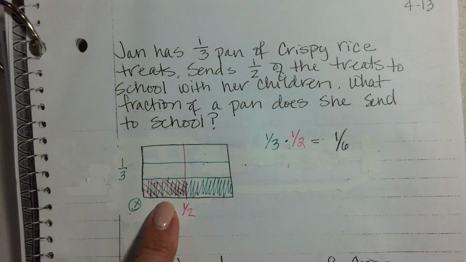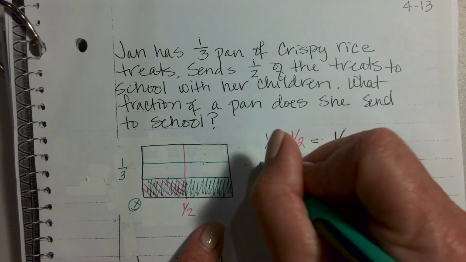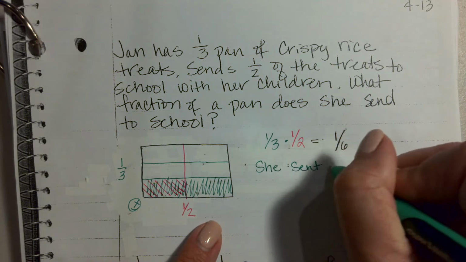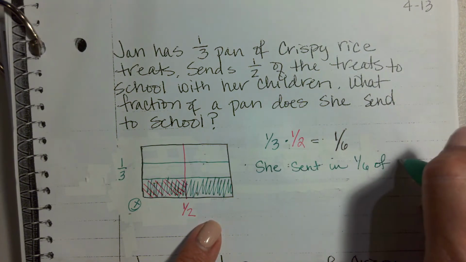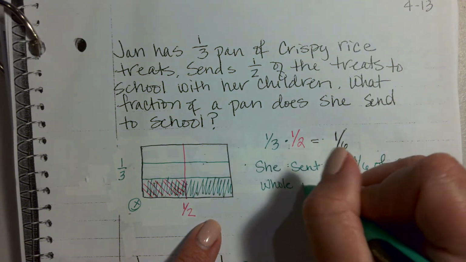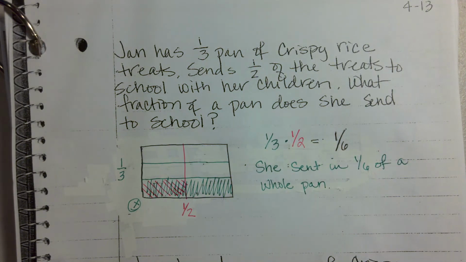So the fraction of the pan of treats that Jan sent to school was 1/6 of the whole pan. So she sent in 1/6 of a whole pan. All right. So 1/3 times 1/2 is 1/6.